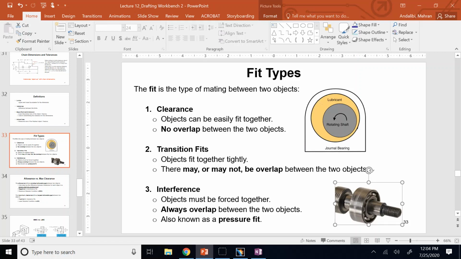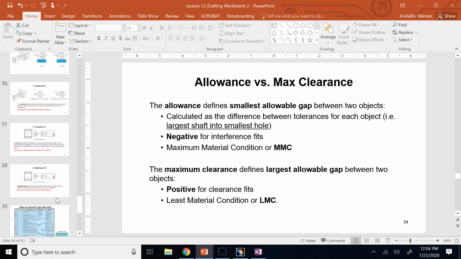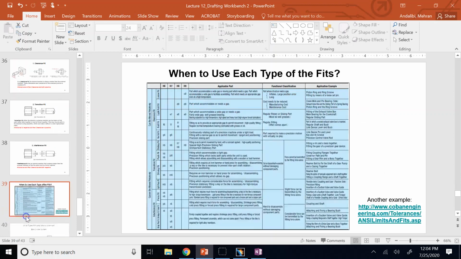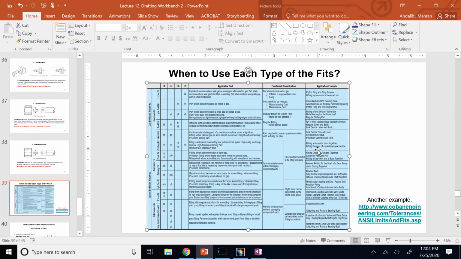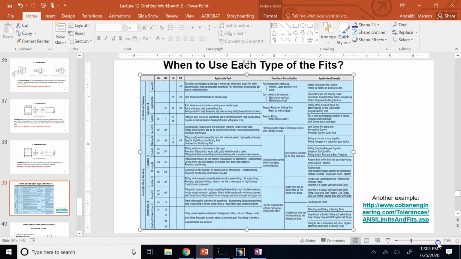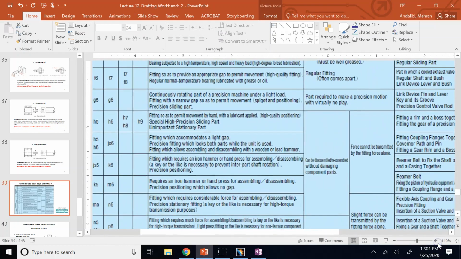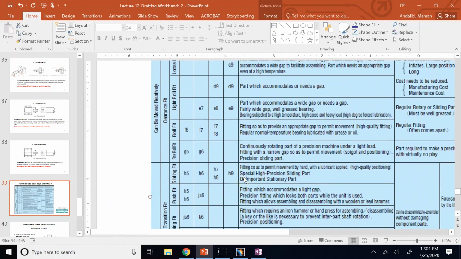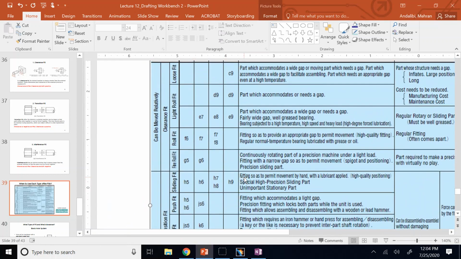How do I know? Well, that's where those GD&T textbooks or standards made by ASME or other standard organizations can be handy. So here I have added something for you in slide 39, and if we zoom in, it tells you some examples of what kind of fit is to be used.